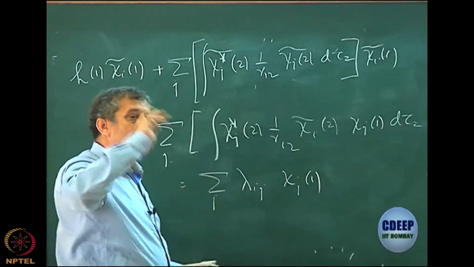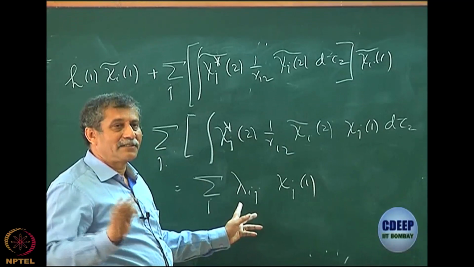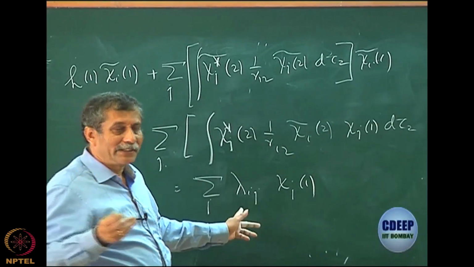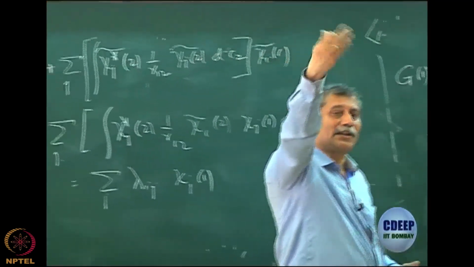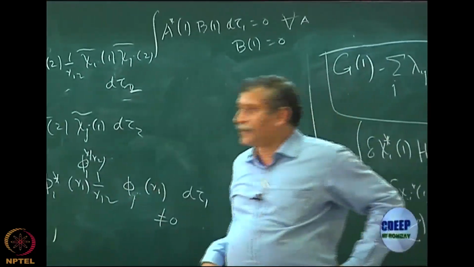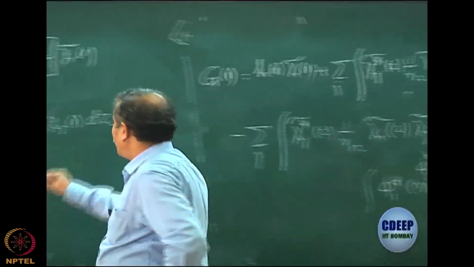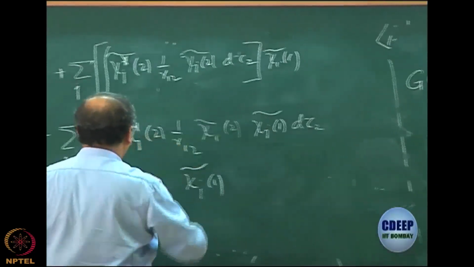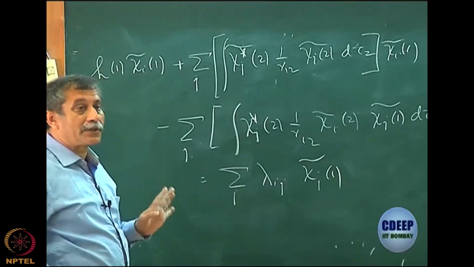Some of the textbooks from the beginning use this as lambda ji, but don't worry about it. It can be used right from the beginning lambda ji or lambda ij. That doesn't matter. You continue to be consistent. That's all. All right. So again, putting the tilde. This actually is my Hartree-Fock equation.